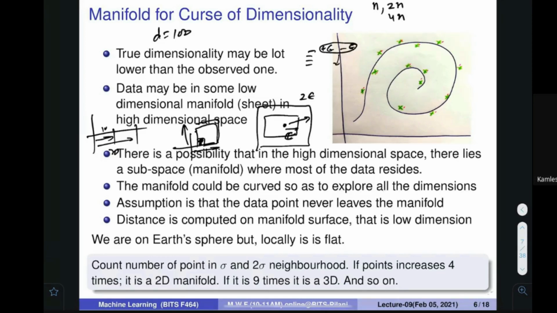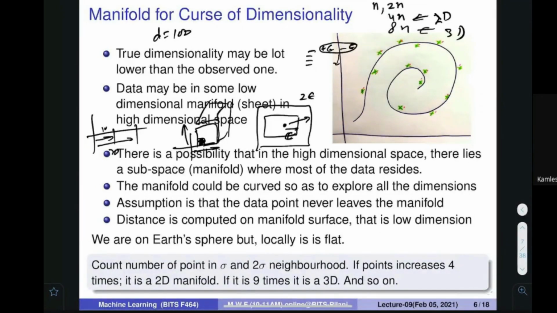If it becomes 4n, it means that your data is 2D data. And if it is a cube, earlier you were considering this space, now you are considering this space, it becomes 8n. So you say that it is three-dimensional data. Make sense? Sanidhya, clear?